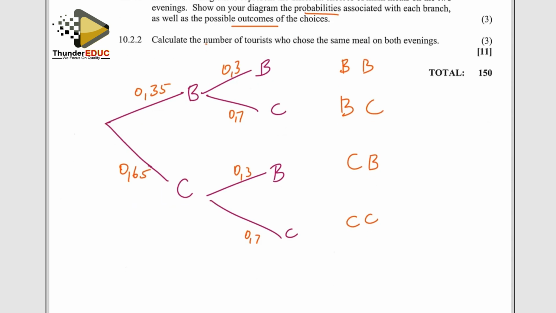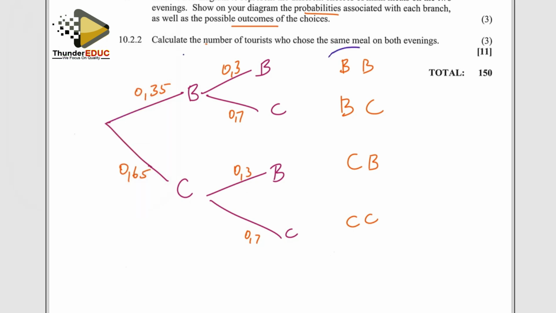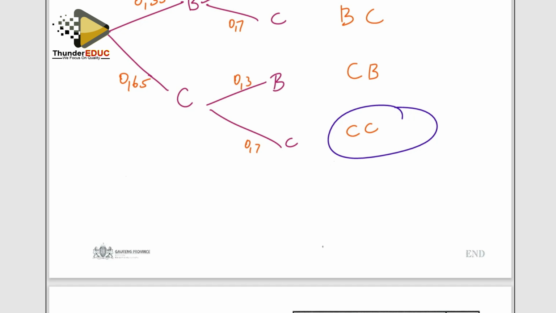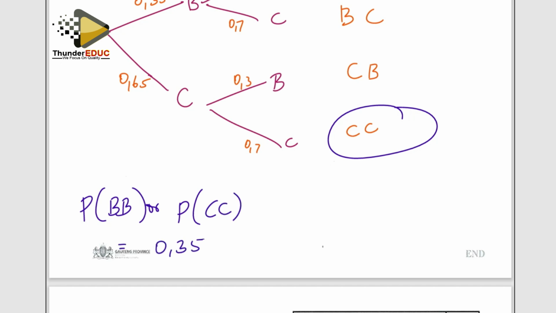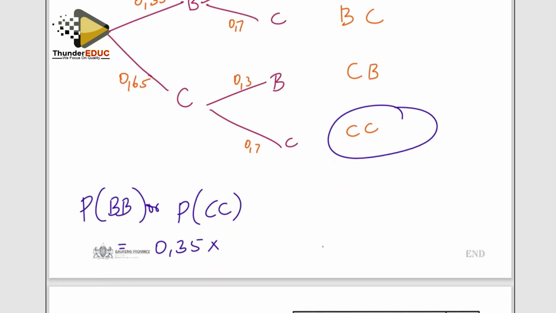10.2.2, calculate the number of tourists who chose the same meal on both evenings. So with this, the scenario can be both beef or both chicken. So we're going to say probability of B and B or probability of C and C. So this is going to be 0.35 multiplied by 0.3 plus 0.65 multiplied by 0.7.